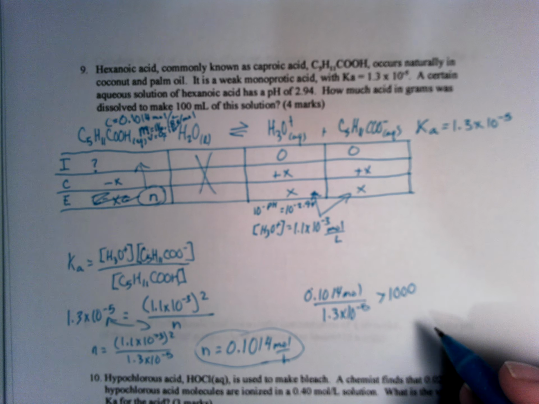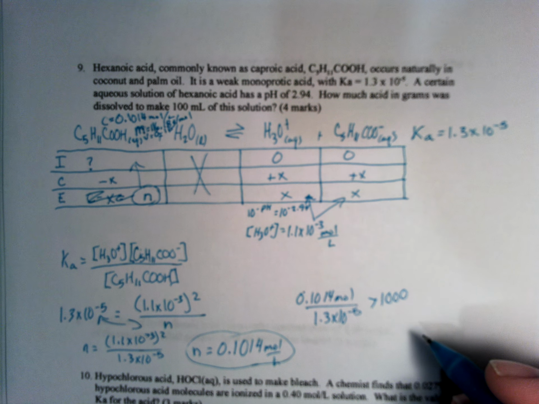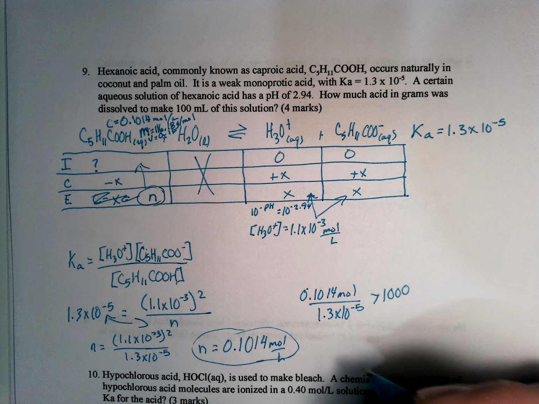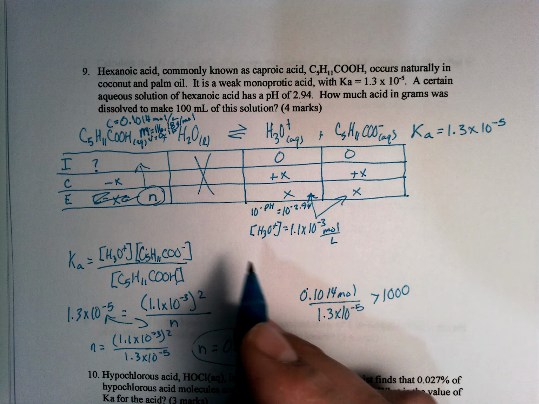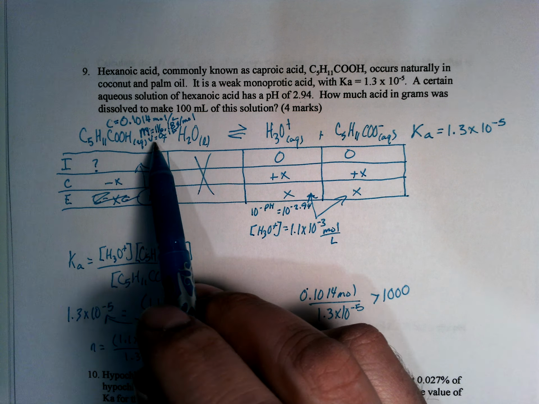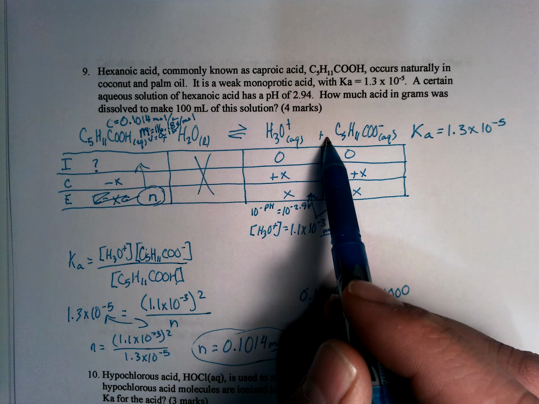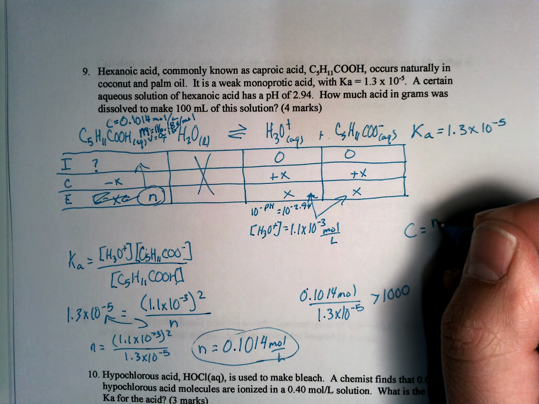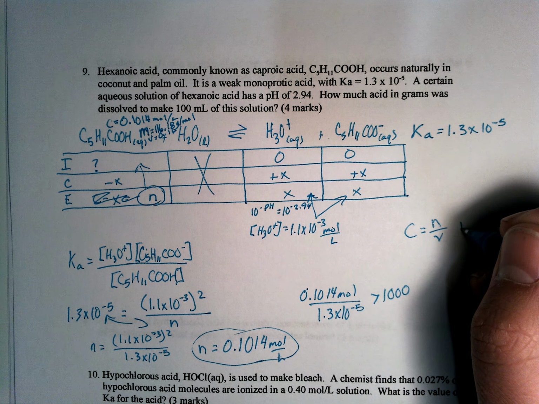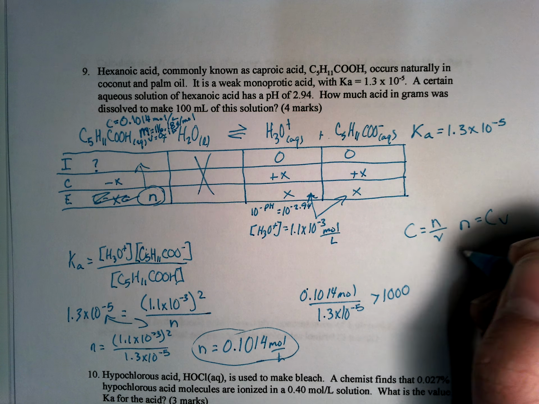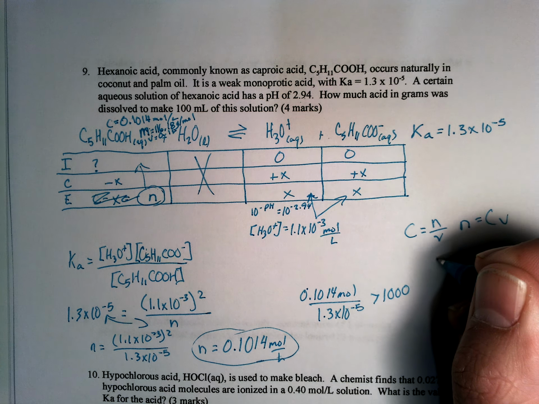We don't have to use a bunch of stoich because we aren't multiplying by any ratios. We'll use C equals N over V, so N is equal to C times V, and then mass is equal to moles times molar mass.